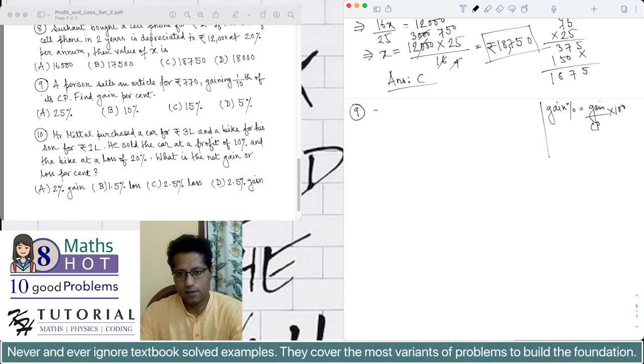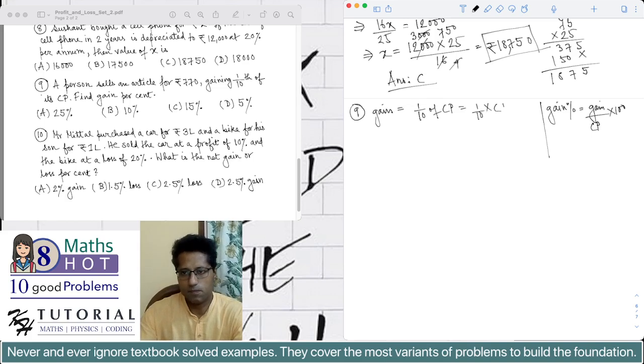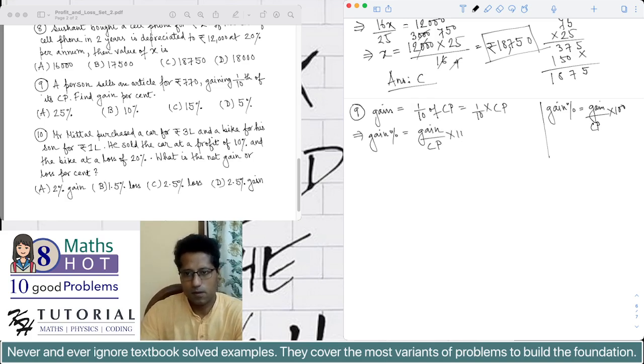So it is given that the gain is equal to one tenth of the cost price, which is equal to 1 by 10 multiplied by CP. So this implies we know the gain percent is equal to gain divided by CP multiplied by 100, this much percentage. Gain we already know as is given to be 1 by 10 multiplied by CP.